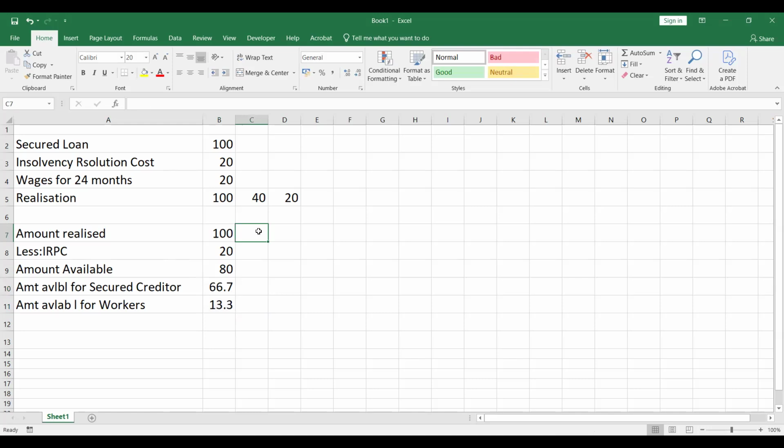Then how will the calculation go? Amount realized is only 40. So first of all, 20 will be deducted. Balance will be 20.